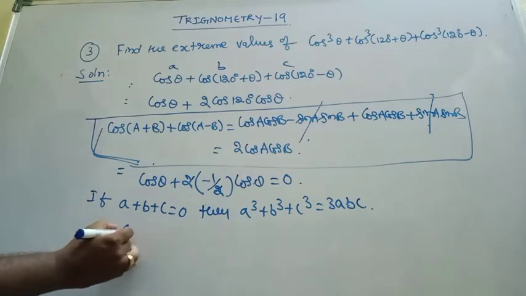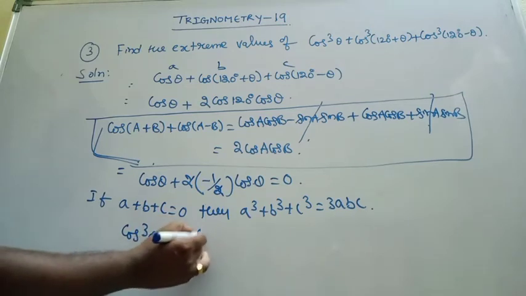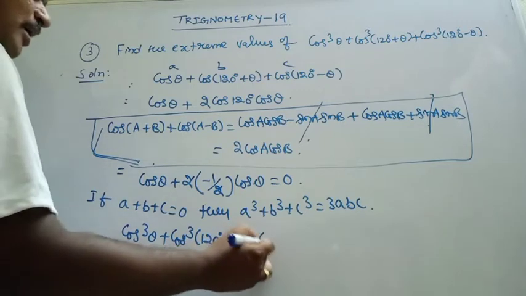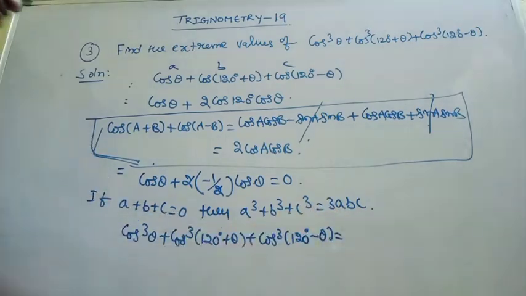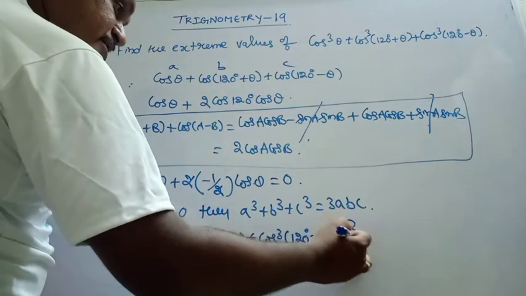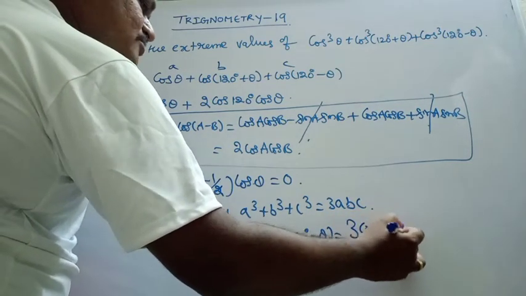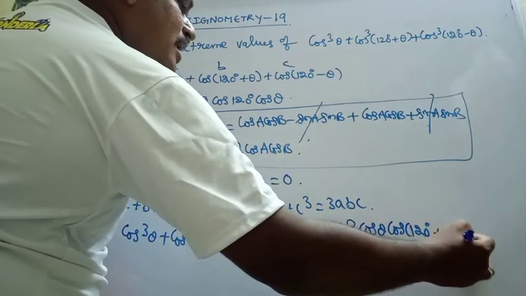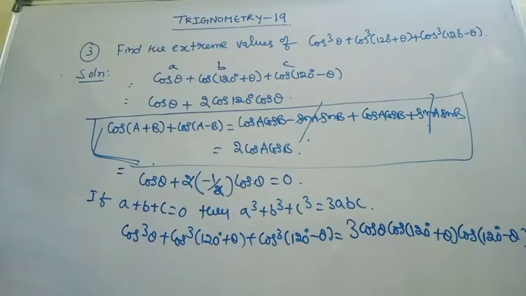Then what we get is cos cube theta plus cos cube of (120 degrees plus theta) plus cos cube of (120 degrees minus theta) equal to 3ABC, that is 3 into cos theta into cos(120 degrees plus theta) into cos(120 degrees minus theta). This is what we are going to get.